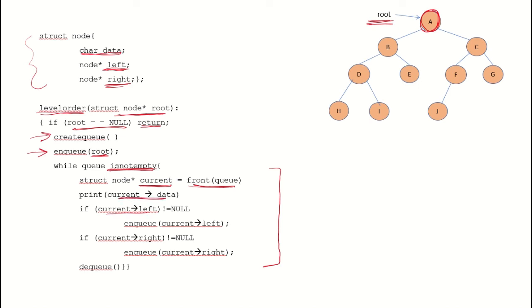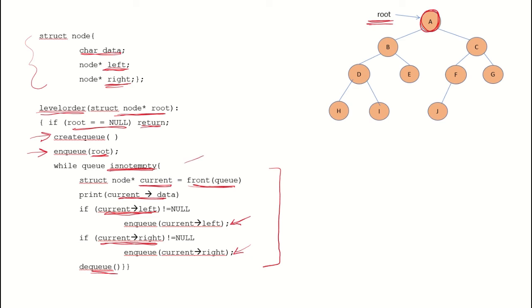Then if current arrow left, that means the left child of the current node, is not null, we are going to enqueue it. Then we check whether the right child of the node exists. If it is not null, we enqueue its right child also, and then we dequeue the current node. That means whatever was at the front of the queue, we are going to dequeue it.